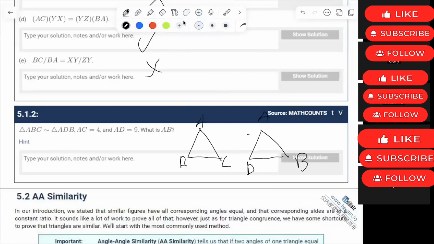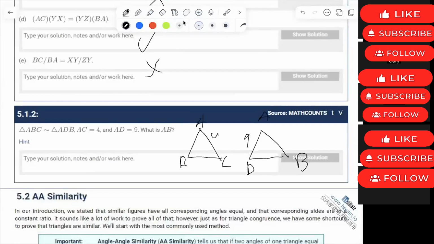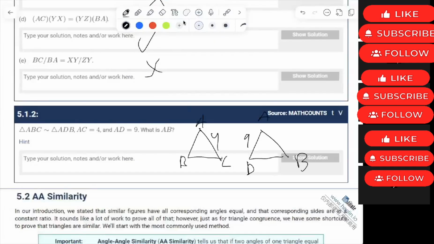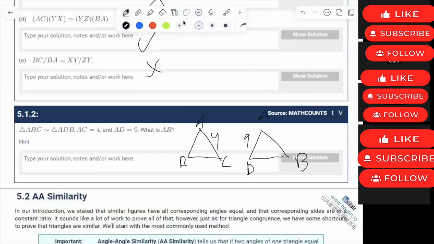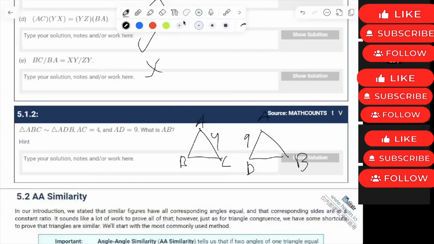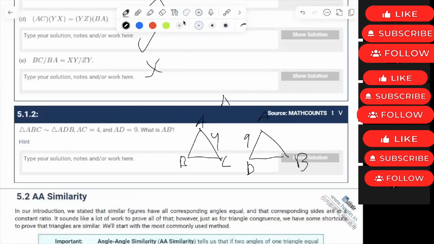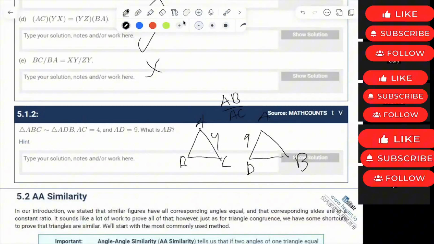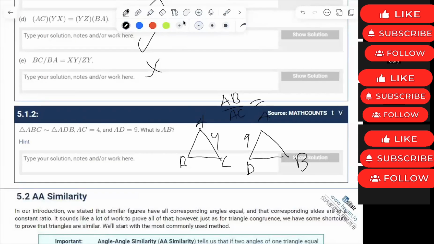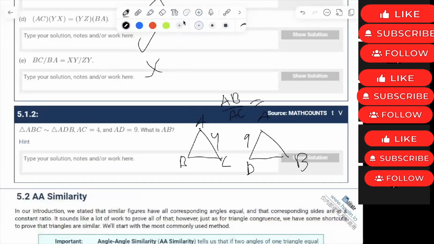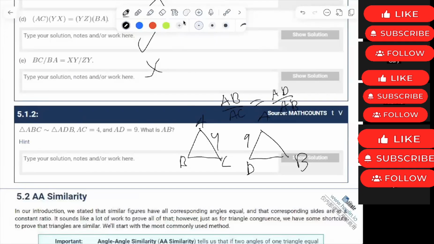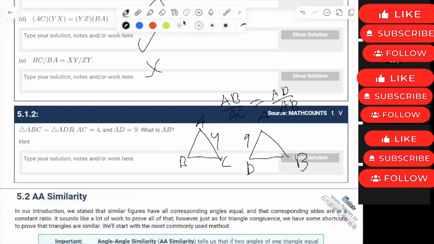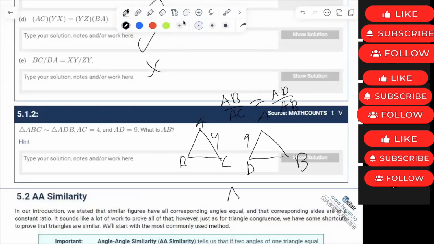If AD is 9 and AC is equal to 4, notice that we have two ABs over here. So we have AB to AC, we just pop out ratios, is equal to AD to AB. Simplifying and finding AB by cross multiplying is pretty obvious, and then AB is 6.